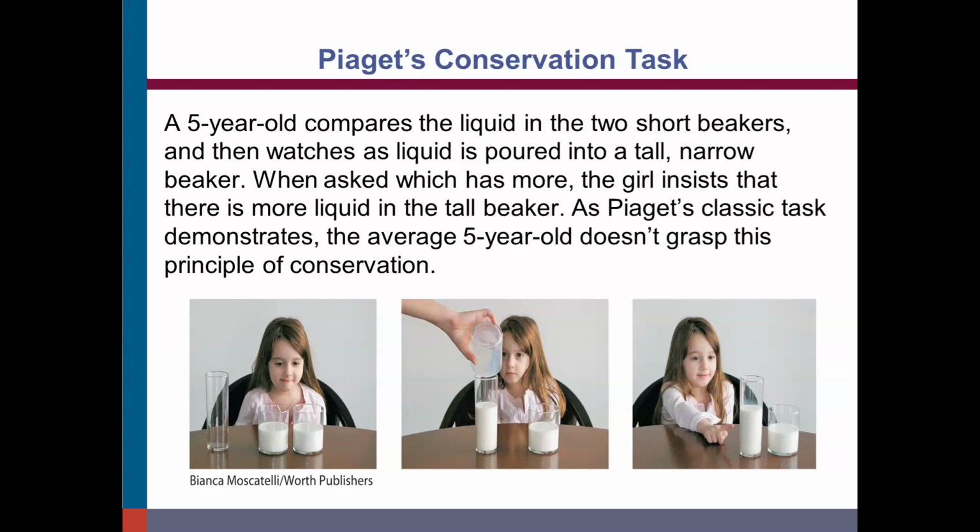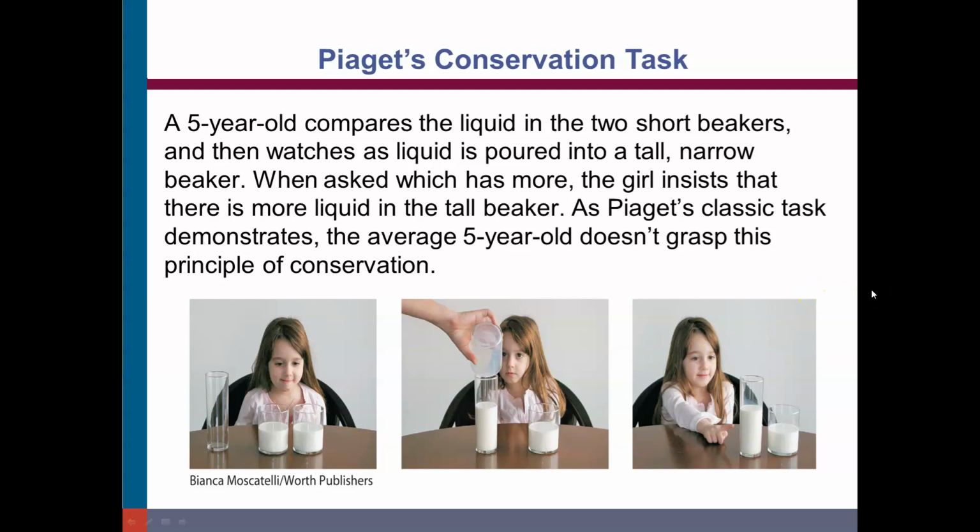It has not achieved the kind of maturation that allows them to think logically through a process in order to solve a problem. So this is just an example, and I'll be very brief about this. Conservation, well, this child right here thinks that there is more milk in the tall glass than there is in the shorter glass because it's taller. And that is what Piaget called conservation. Okay?